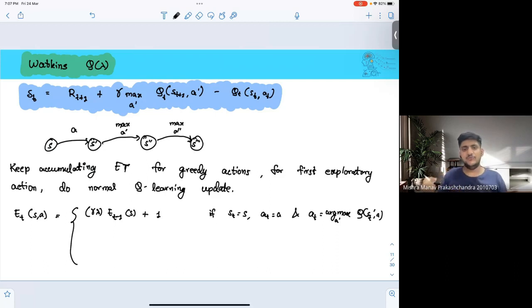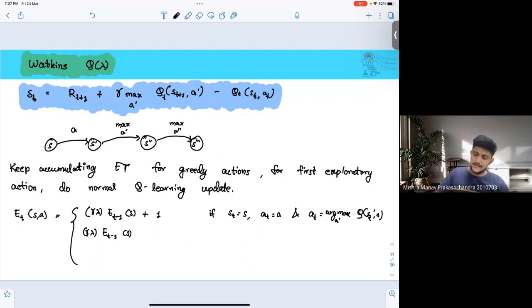So I keep accumulating that particular trace. Otherwise, this is true for all other actions.